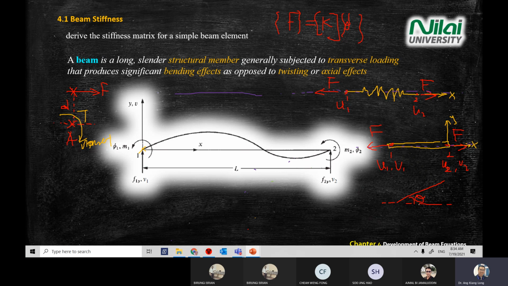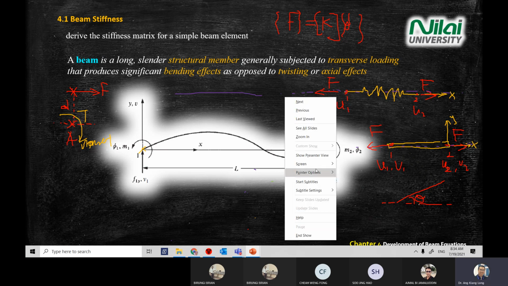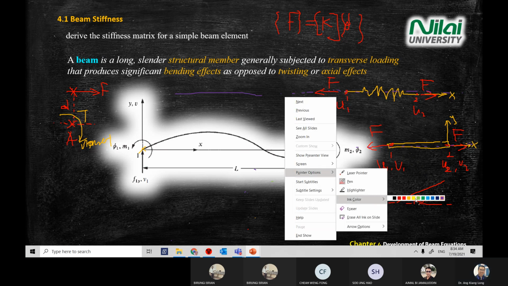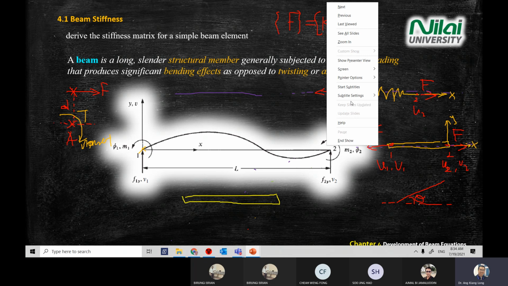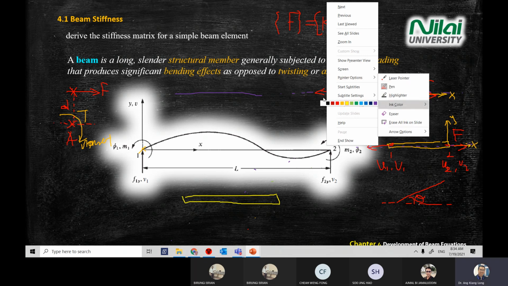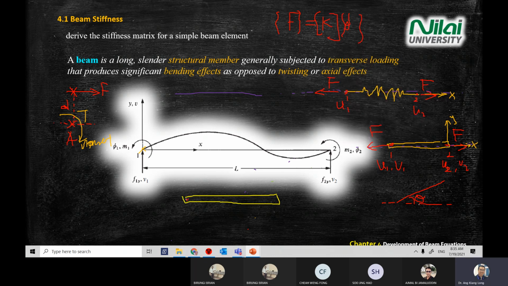Although I use a bar here, if you look at the question and the force that you have in the question, let's say at point 1, there's a force like this. This is the axis of the body.